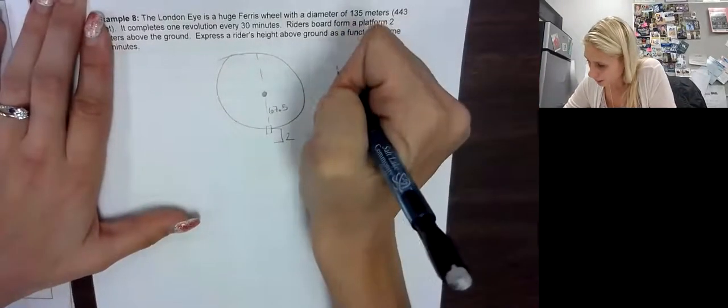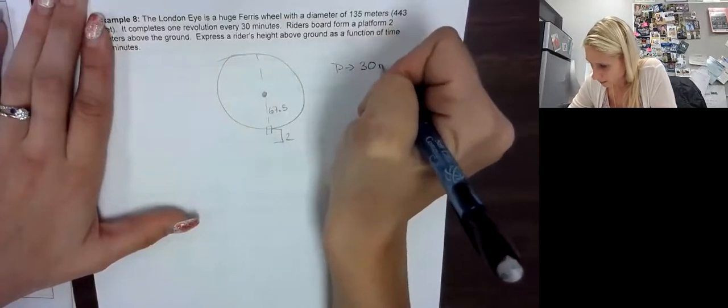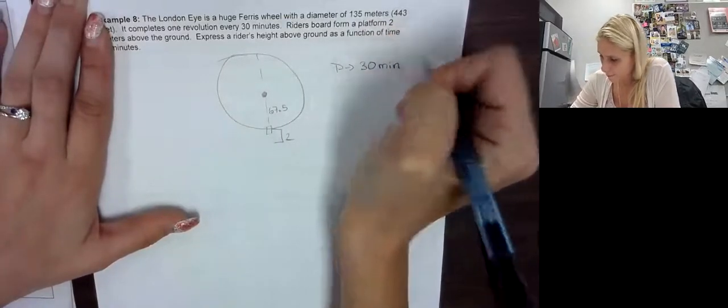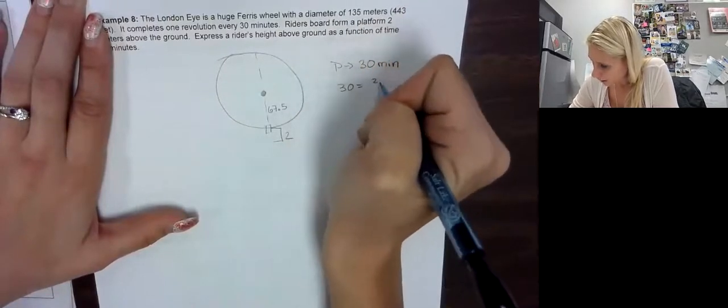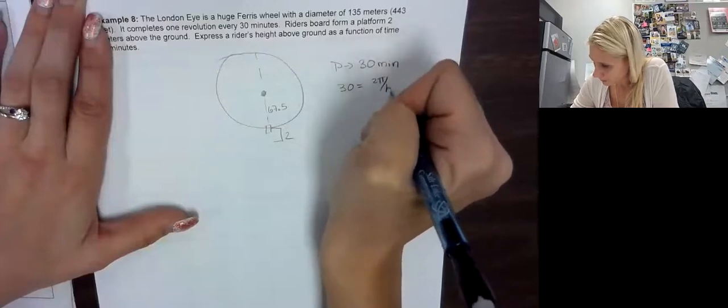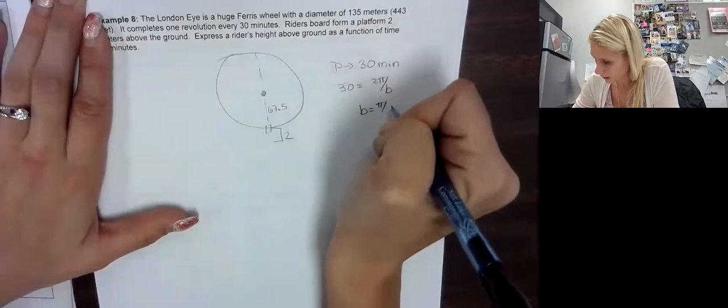Okay, we know our period is 30 minutes. So we have to solve, right? We have 30 equals 2 pi over b. So b equals pi over 15.